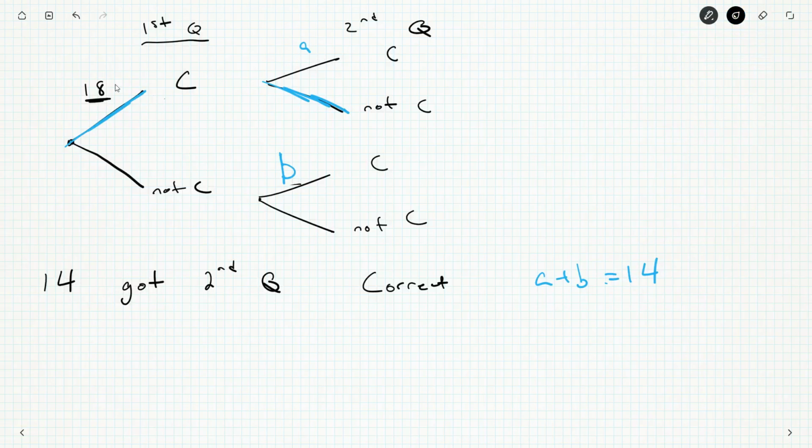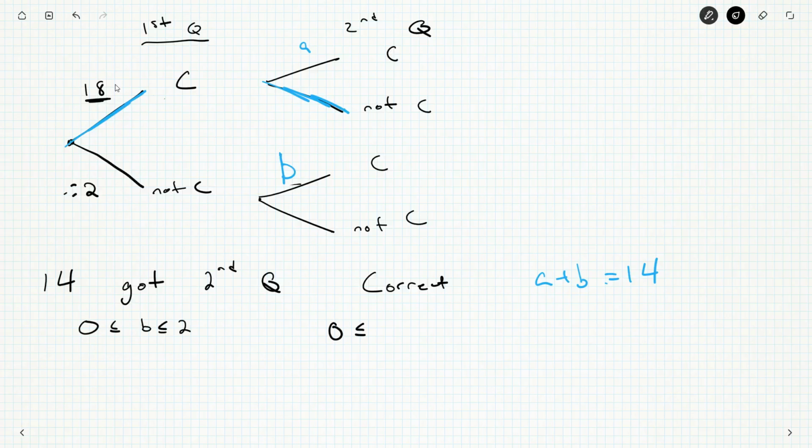Okay. So here's where we get a little wiggle room. We can say there must be 2 people here, and I would explain that in my little tree diagram. 2 people must have gotten the first question wrong. And so B has to be between 0 and 2.